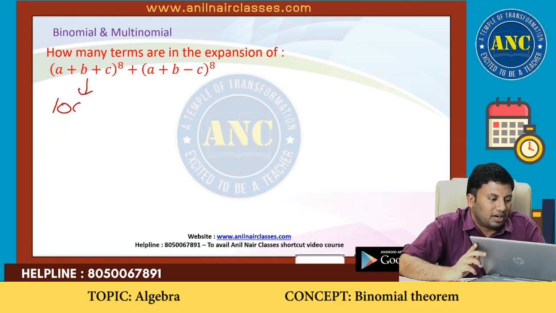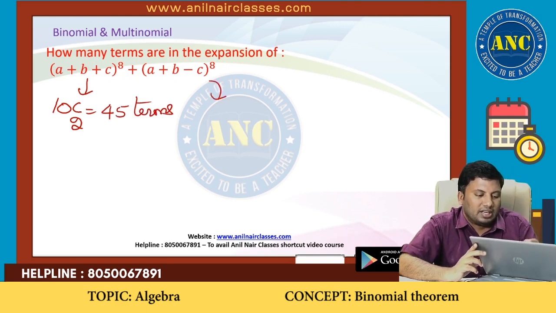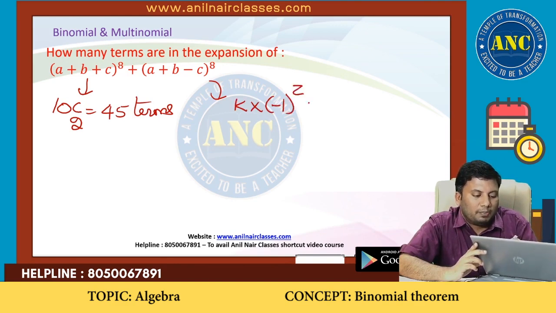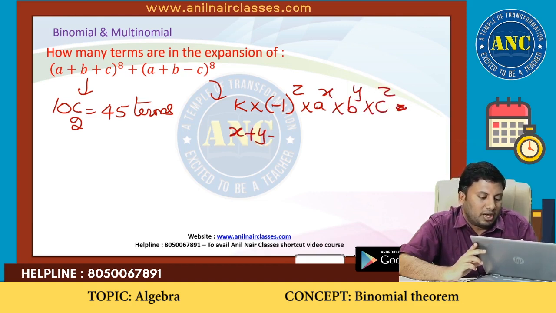Here the number of terms are 10C2, which is 45 terms. Here we are discussing it as K into minus 1 power Z into A power X, B power Y, C power Z. So X plus Y plus Z is nothing but 8.